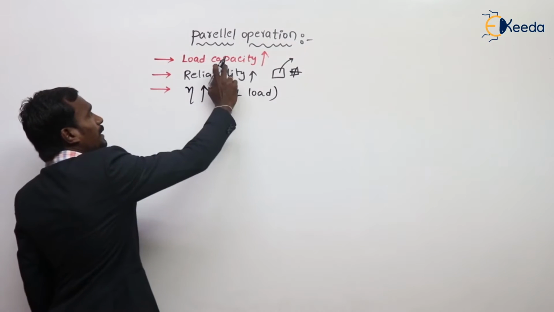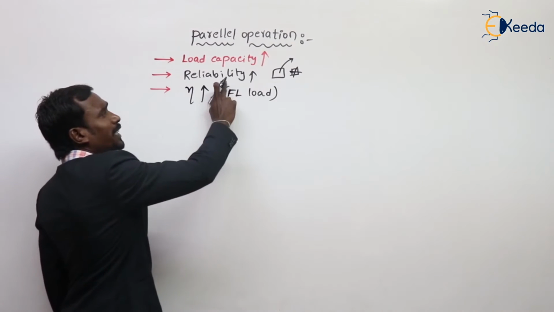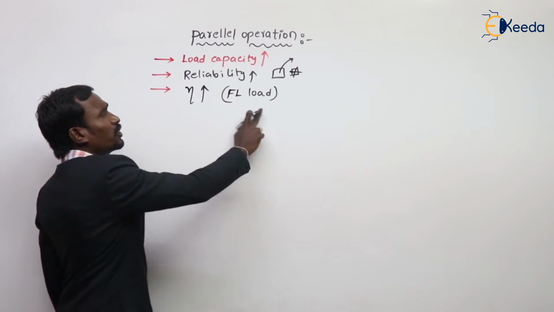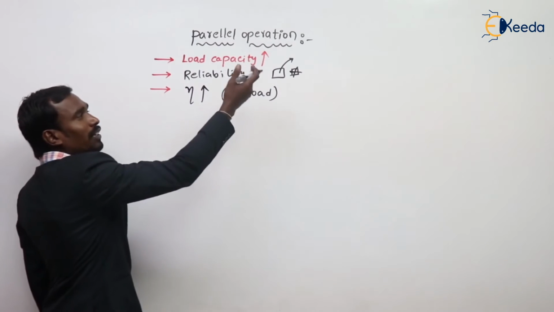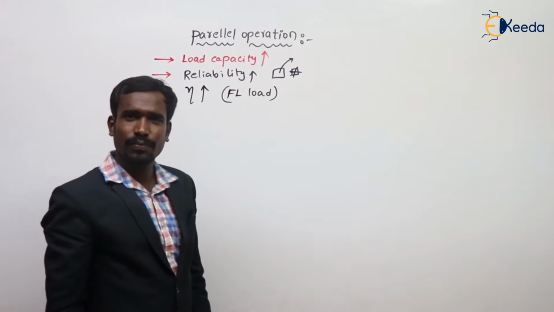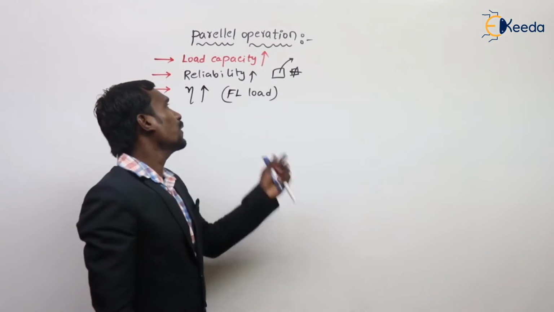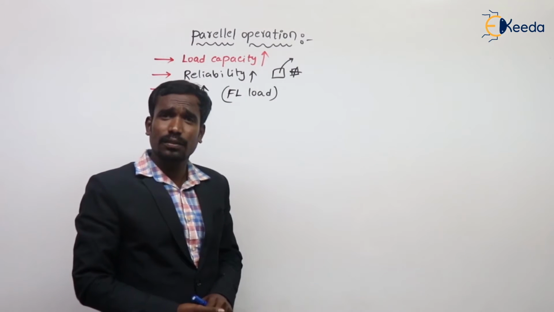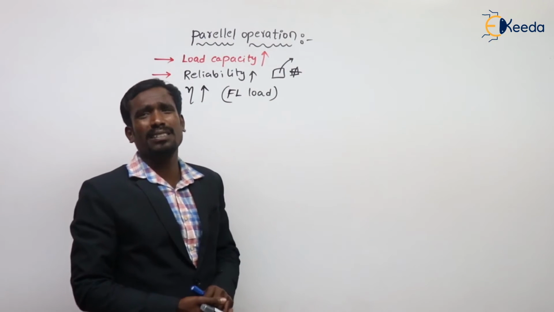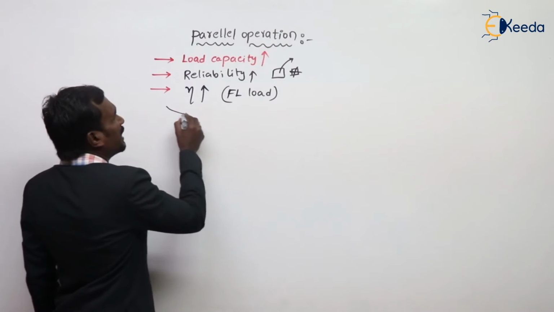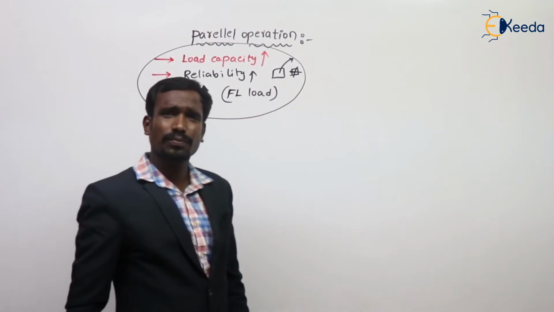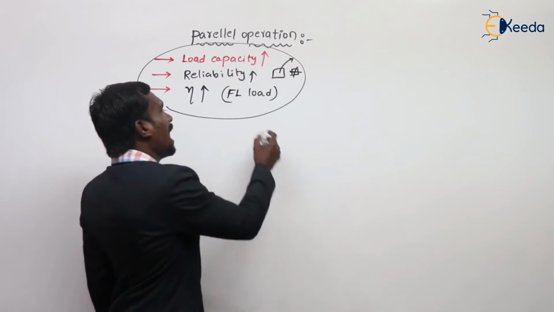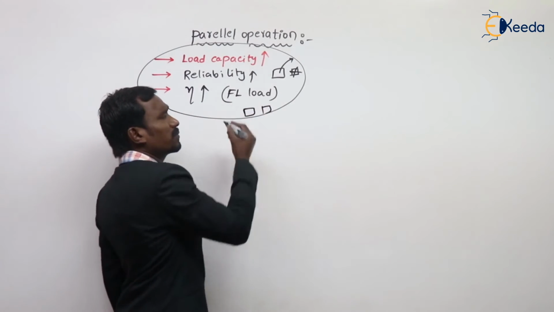So load capacity increases, continuity increases, efficiency increases, and standby transformer cost is very low, and future requirements are met. Many advantages are there for parallel operation. For example, I have two transformers.